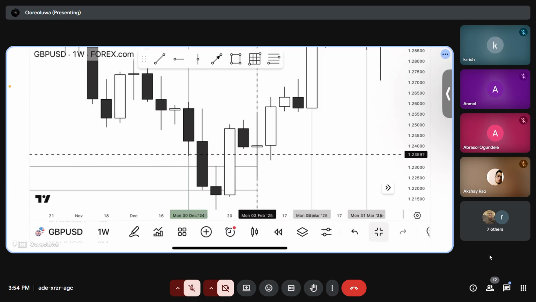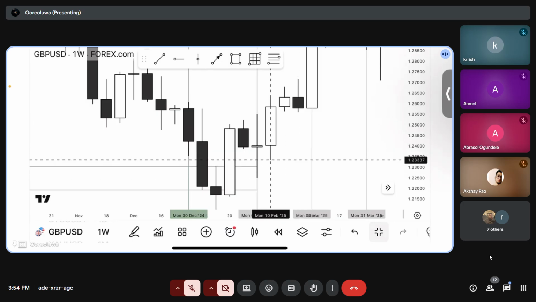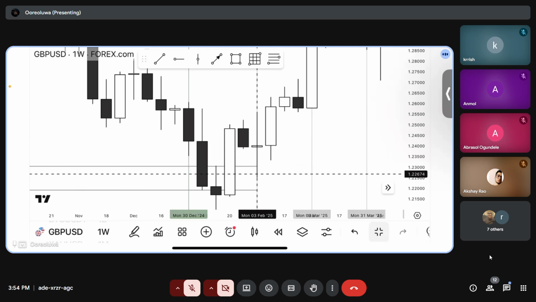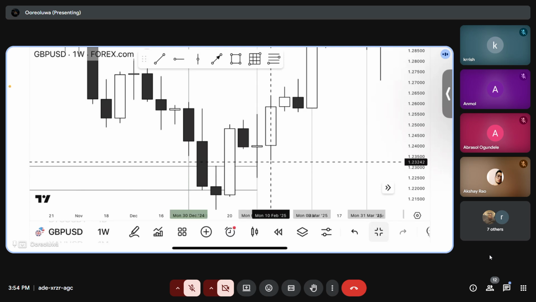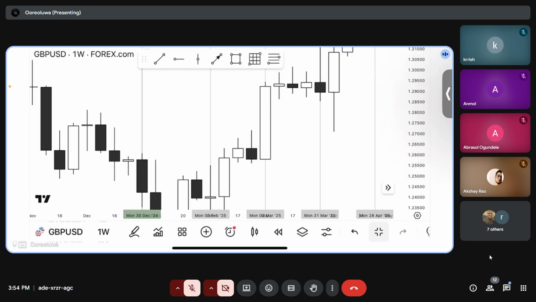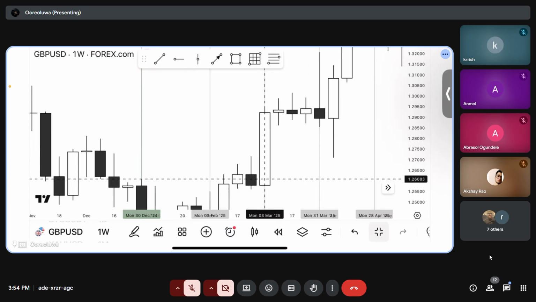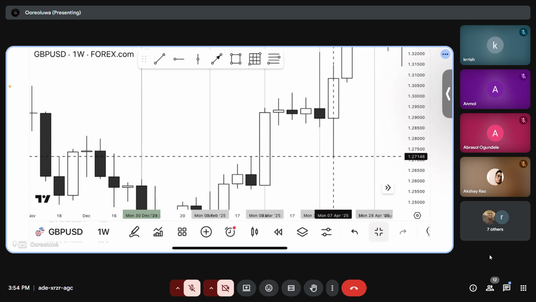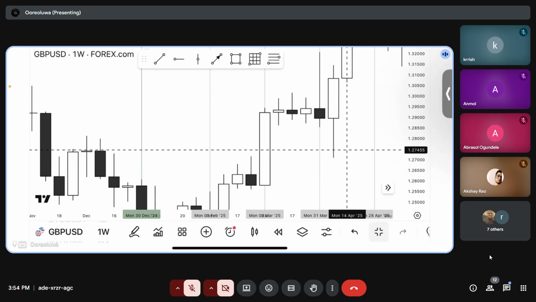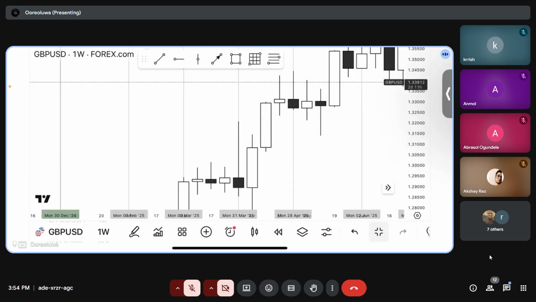So this is February. First week, yeah, formed the low of the month. All right, this low. This one formed the low. March, second week here, formed the low. All right.